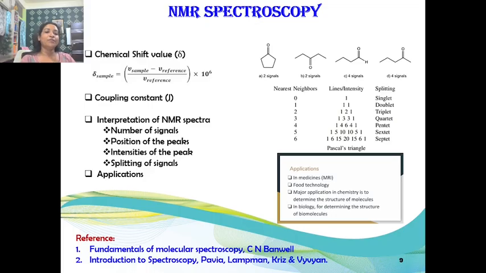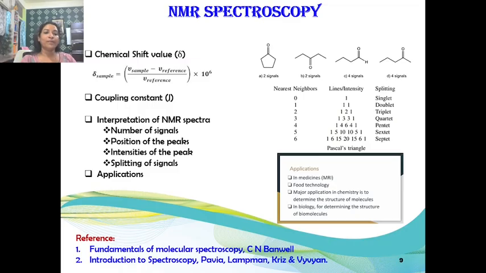And from the intensity, there are different types of splitting patterns, shown on the right side of this slide, which give the identification of the type of proton present in the molecule.